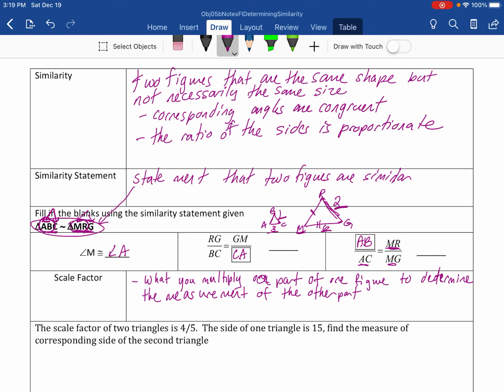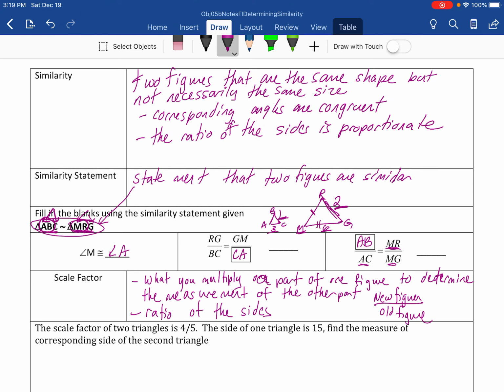How you find it is using the ratio of the sides, and it's always going to be your new figure over your old figure.